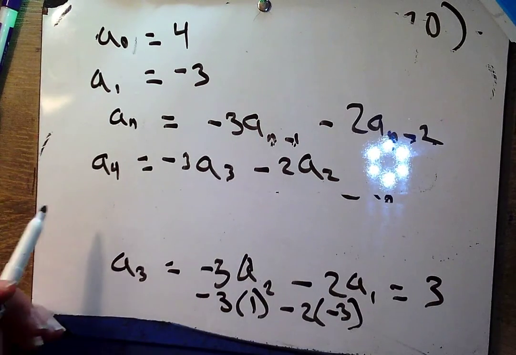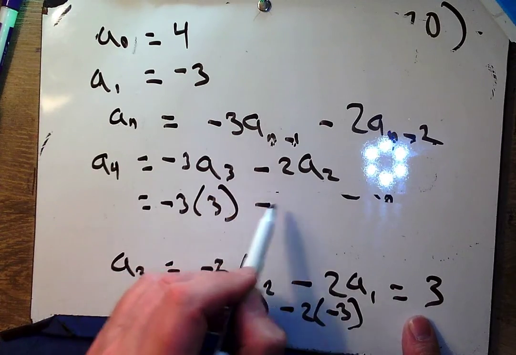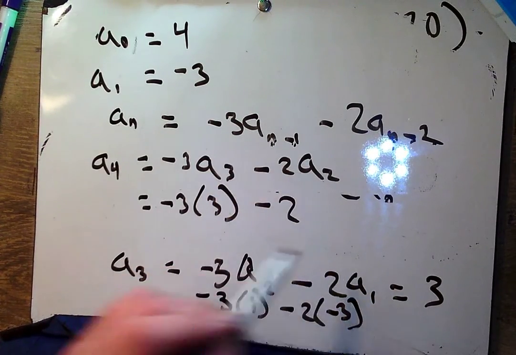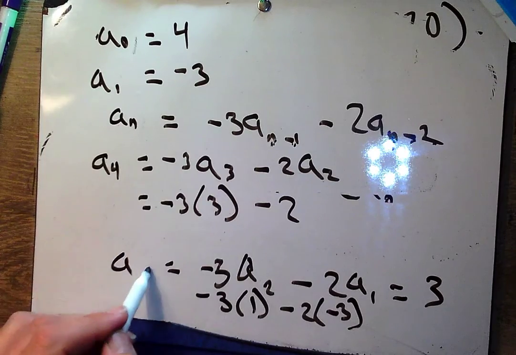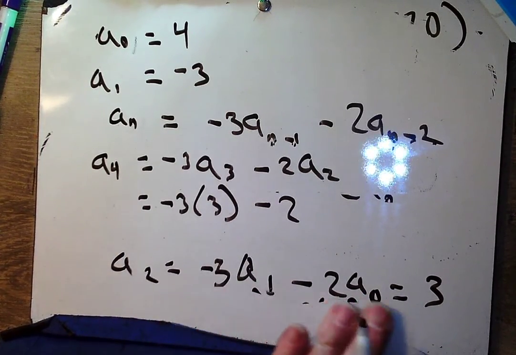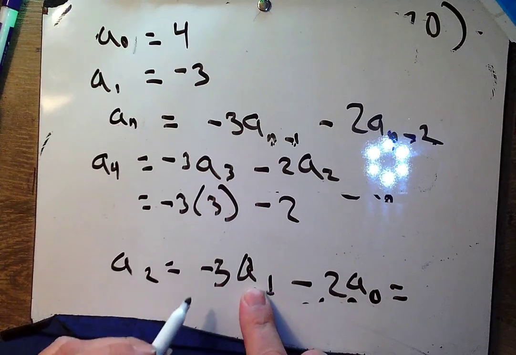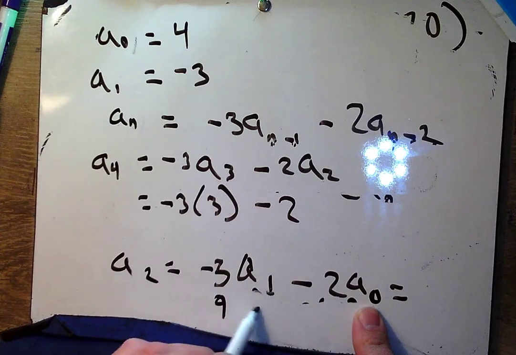So, what was A sub 3? A sub 3 was 3 minus 2 A sub 2. Oh, drat. I forgot A sub 2. I have to refind A sub 2. A sub 1, A sub 0. So, what's that going to be? A sub 1, negative 3. We got 9. A sub 0 is 4.